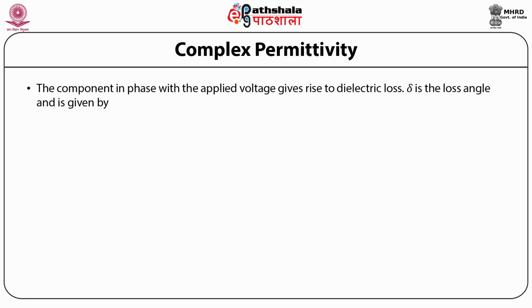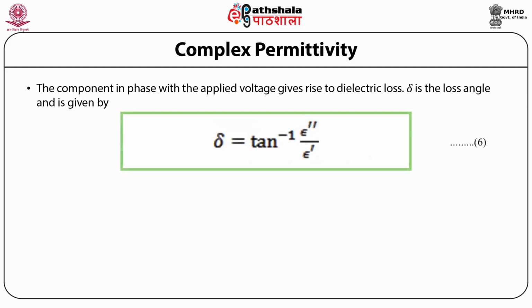The component in phase with the applied voltage gives rise to dielectric loss. Delta is the loss angle and is given by delta = tan inverse of epsilon double prime divided by epsilon prime. Epsilon double prime is usually referred to as the loss factor and tan delta the dissipation factor.